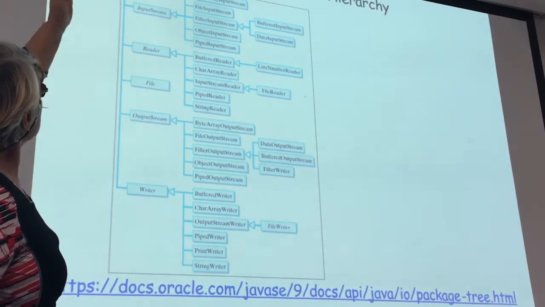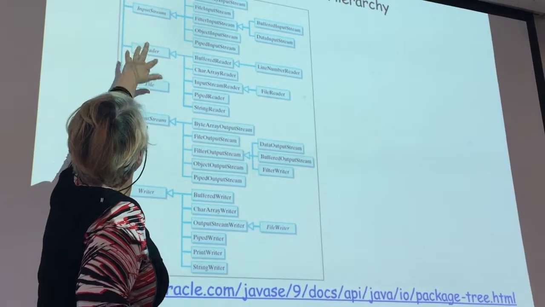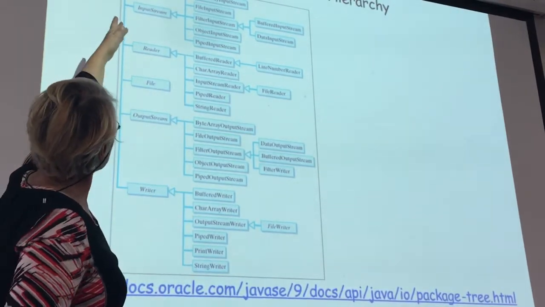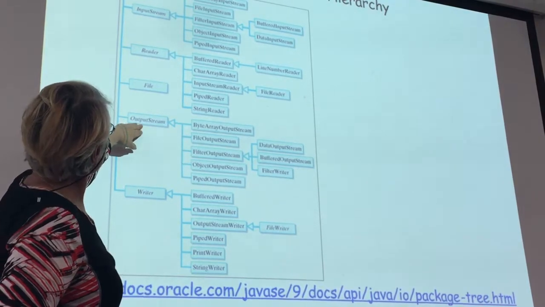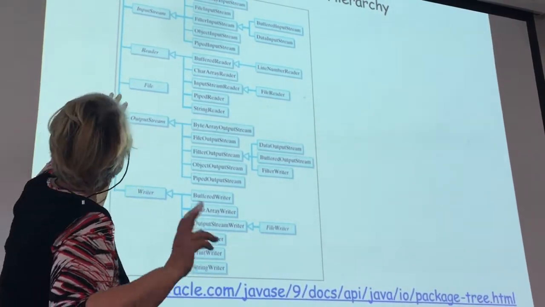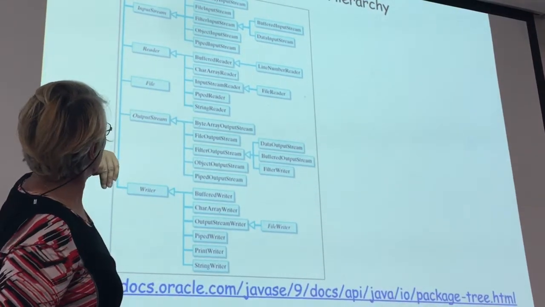And then in the Java package, there are these classes, as you can see: InputStream, OutputStream, Reader, Writer. They are abstract classes, some of them. And then we have a file stream.